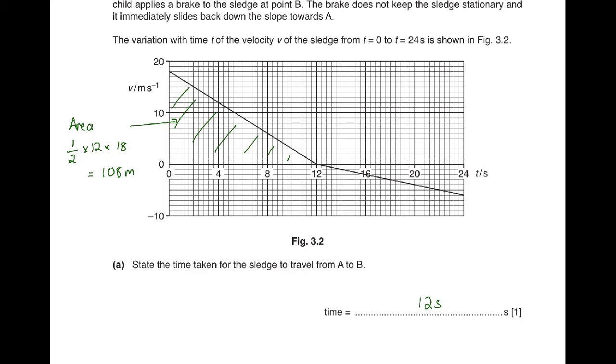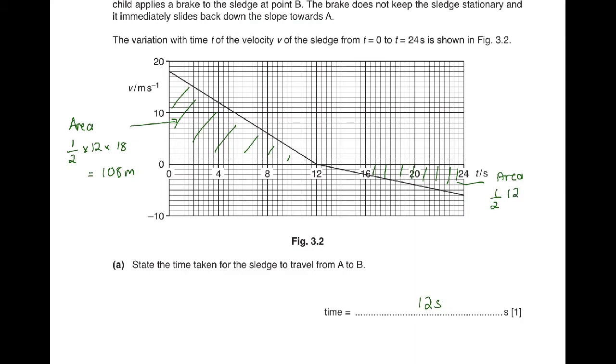And then this triangle here will tell us how far she slid back down again. So again, we're going to do area half base times height. The base from 12 to 24 is 12 seconds again.